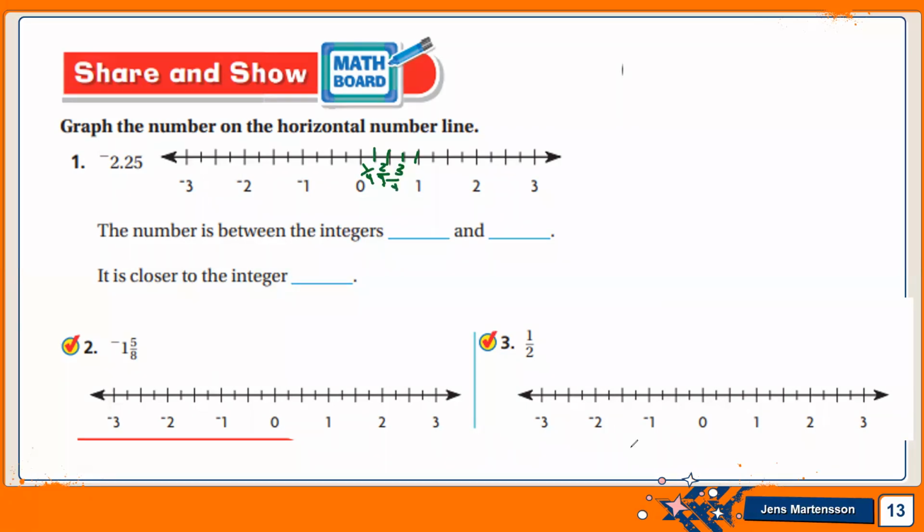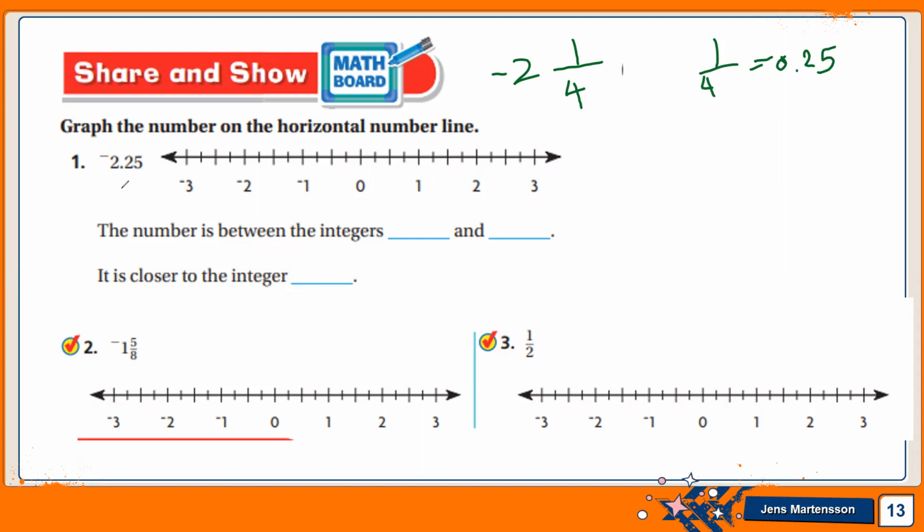Okay? So now negative 2.25. This one is a decimal, but here it's as a fraction. You can change negative 2.25 to negative 2 and 1/4. Or since 1/4 is the same as 0.25, you have two ways.